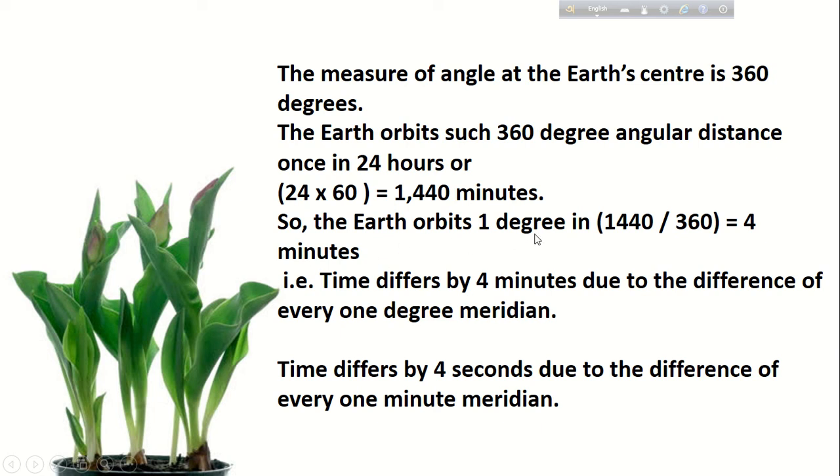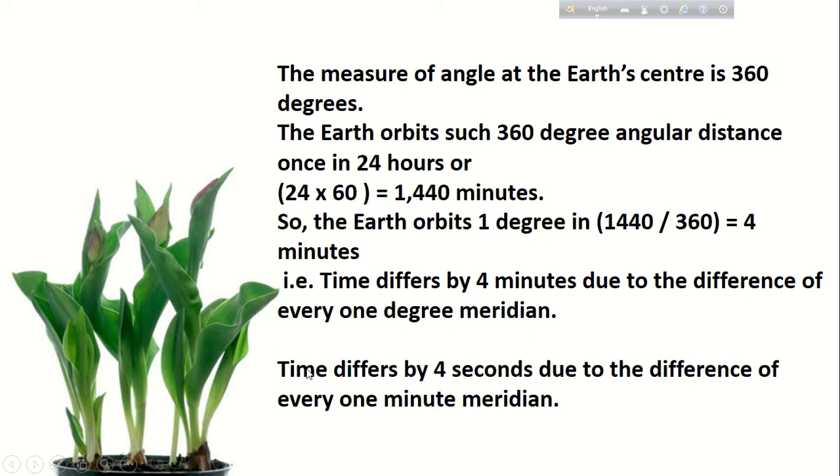So the earth rotates 1 degree. That means, if the earth wants to move 1 degree, we use these minutes: 1440 minutes divided by 360 gives 4 minutes. That is the timing. So if the earth wants to move 1 degree, the time needed is 4 minutes. That is, time differs by 4 minutes for every 1 degree of meridian difference.